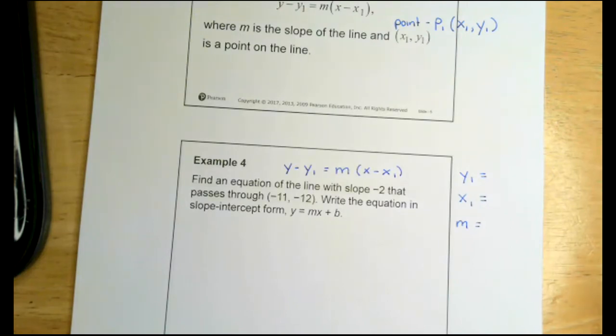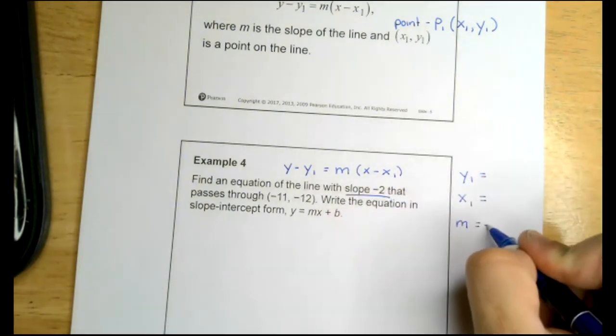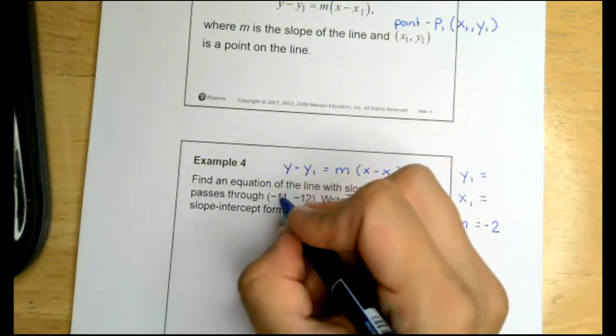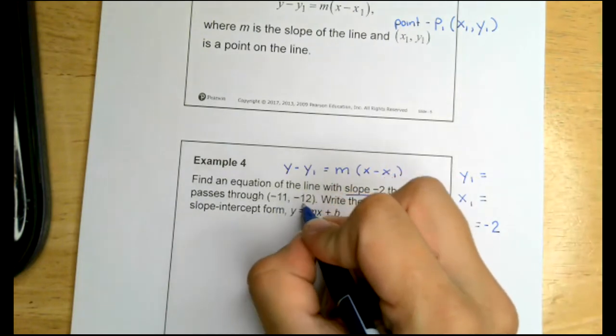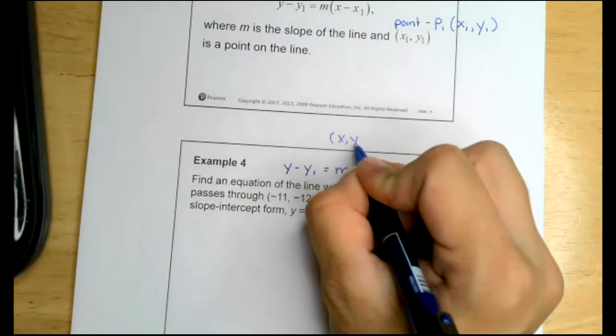M is always our slope. So here it says our slope is -2, so m is -2. Our point is -11, -12.